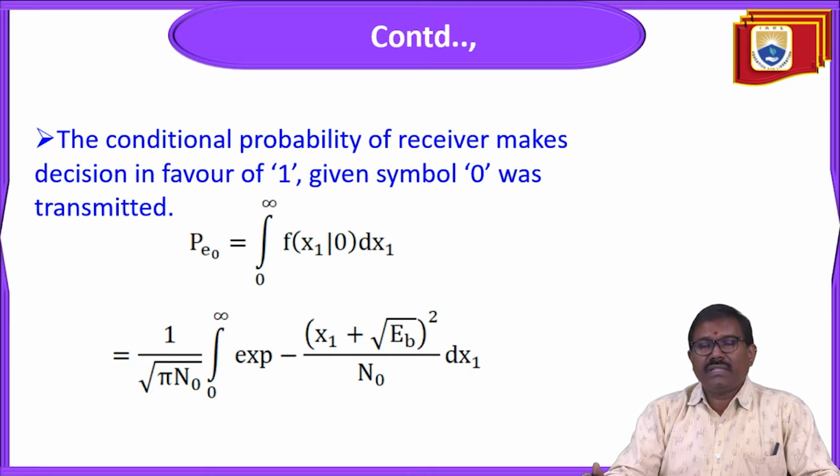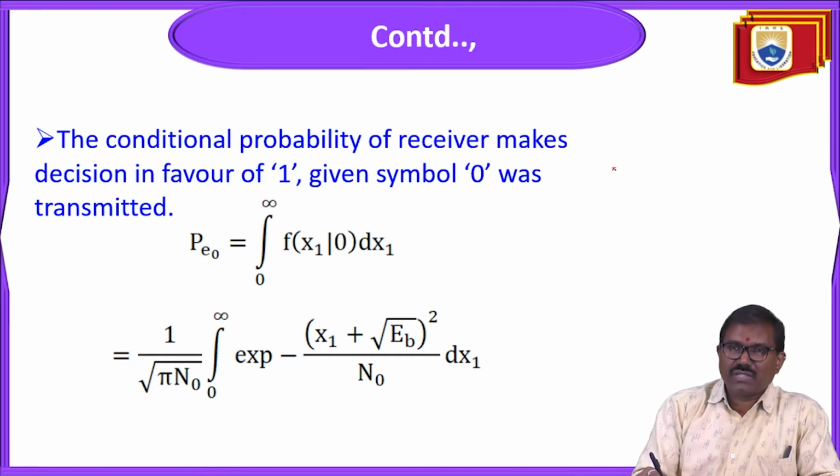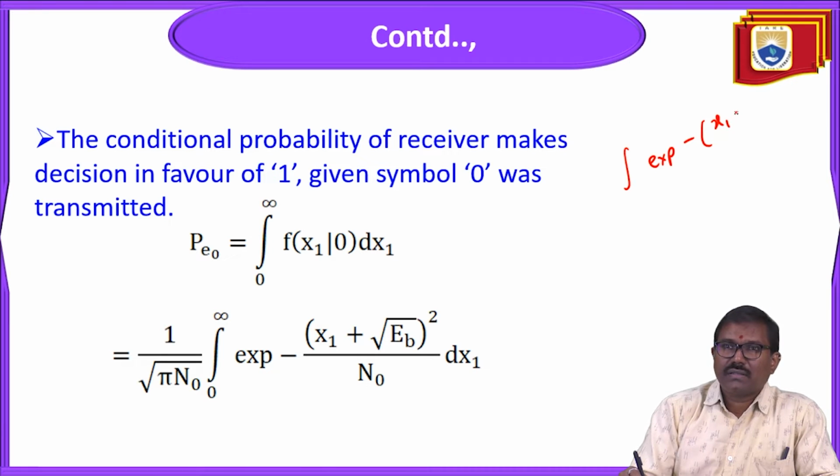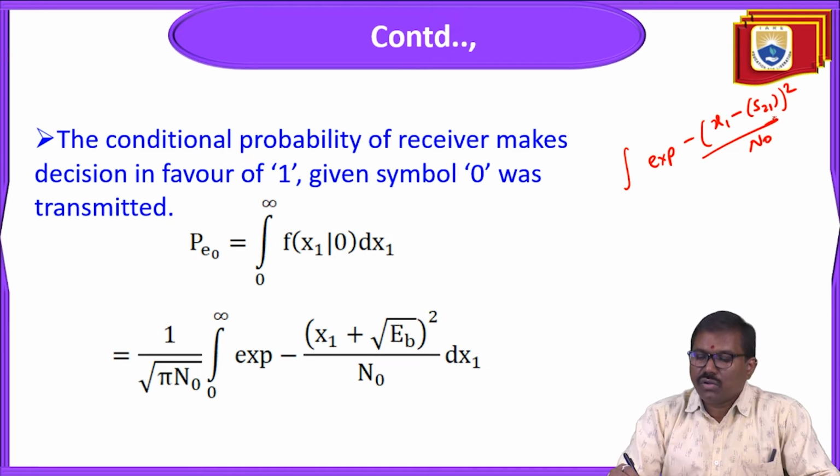Because in the previous expression we wrote exponential minus (xj minus Sij) whole square divided by N naught, where Sij is S21.